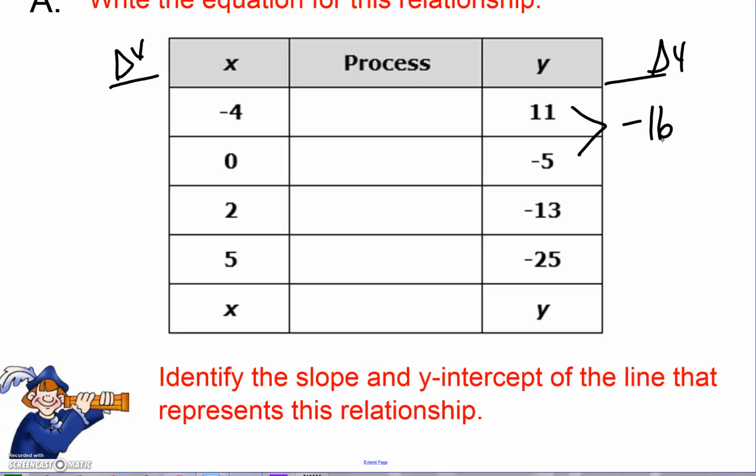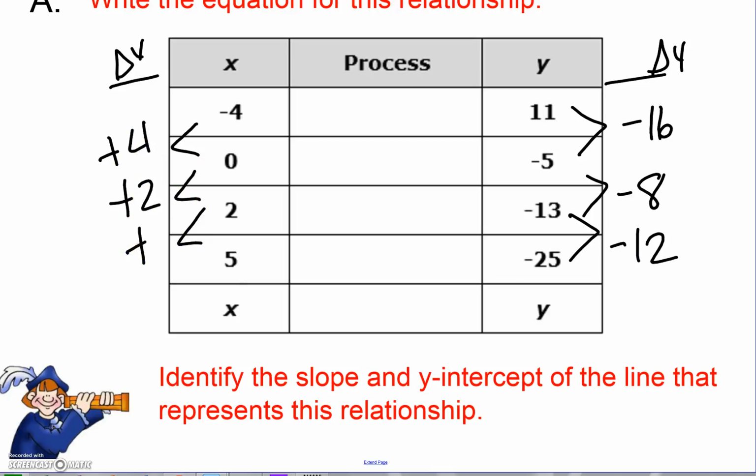How did I get from negative 5 to negative 13? Well, you know that is going to be an 8 jump, and you're going down to get smaller, so it's going to be minus 8. How did I get from negative 13 to negative 25? That's minus 12. Do the same thing over here. It's going to be plus 4, plus 2, plus 3.